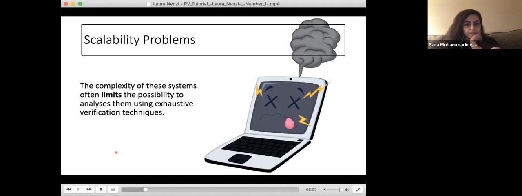So all this complexity often limits the possibility to analyze them using exhaustive verification techniques, and a common approach consists instead in simulating their design with, for example, different initial conditions, parameters, and inputs, and then using a monitoring procedure to check the single trajectory. So instead, what we will see in this tutorial is not about model checking, but about monitoring.